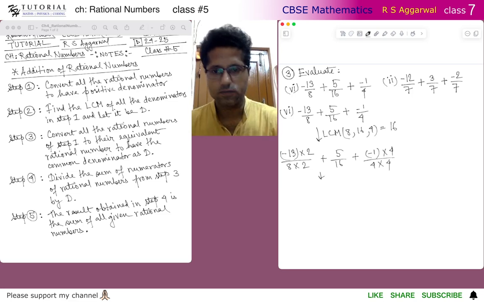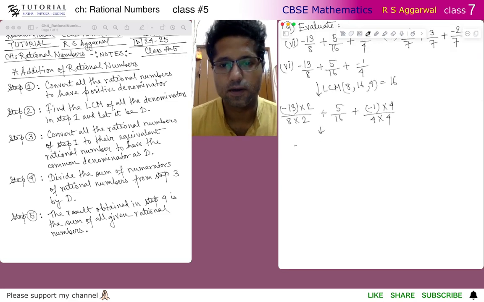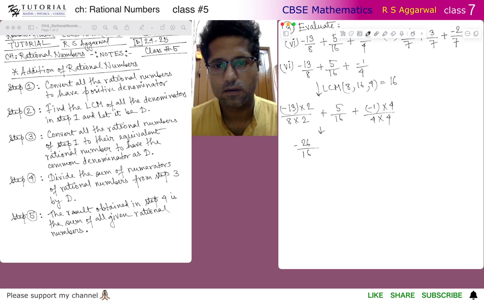So this becomes minus 26 by 16 plus 5 by 16 plus minus 4 by 16.